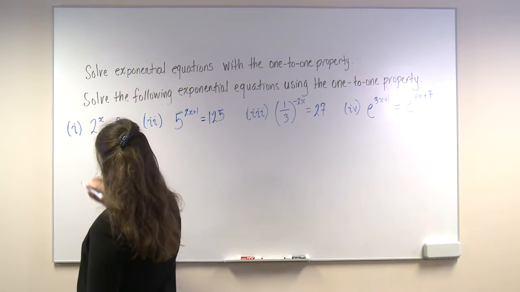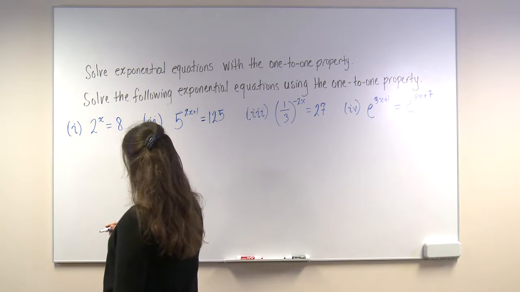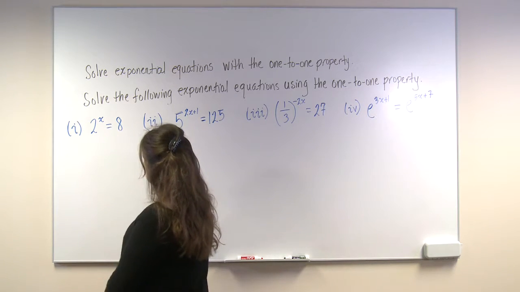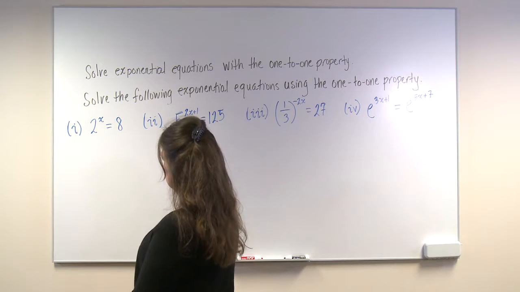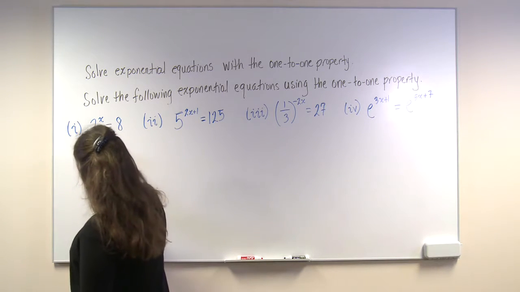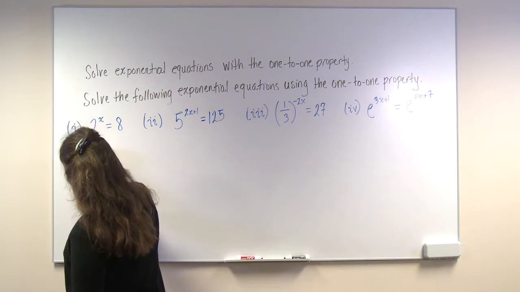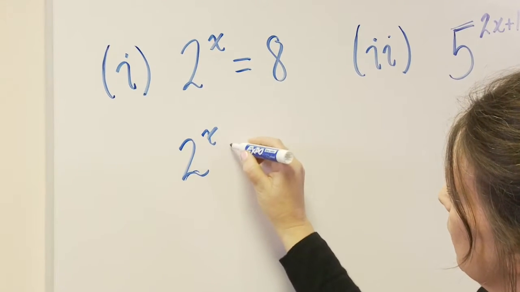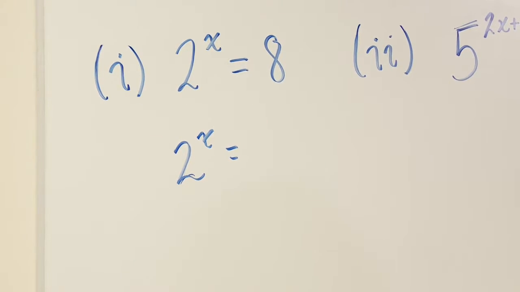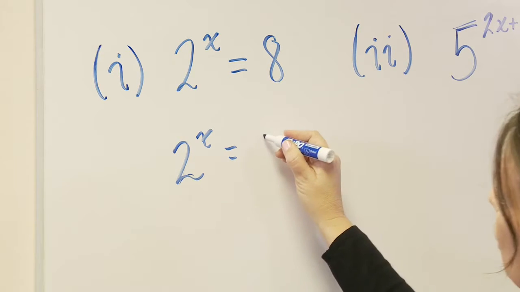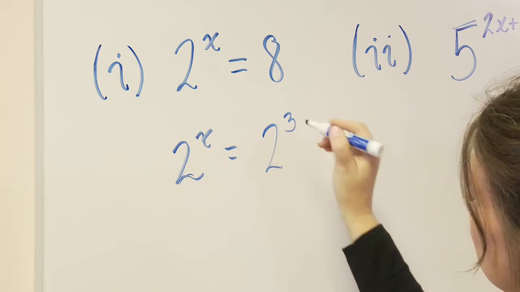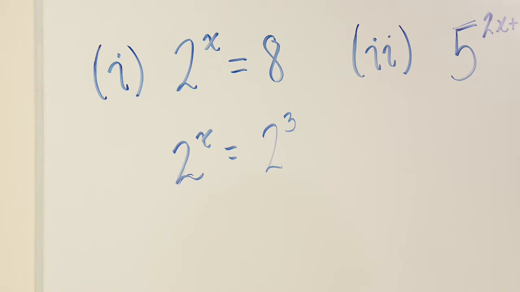So here we have 2 to the x power. I want to try and rewrite 8 with a base of 2. So I'll write down 2 to the x, and I know that 2 times 2 times 2 is 8, or 2 to the 3rd power is equal to 8.